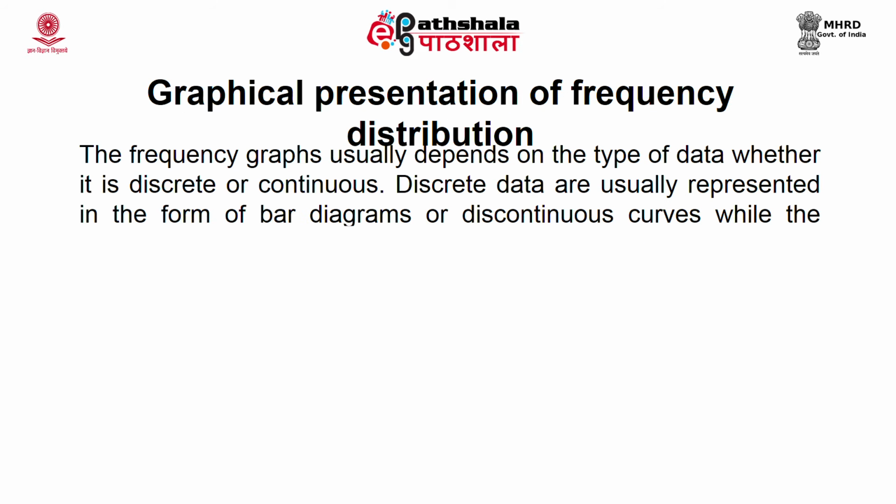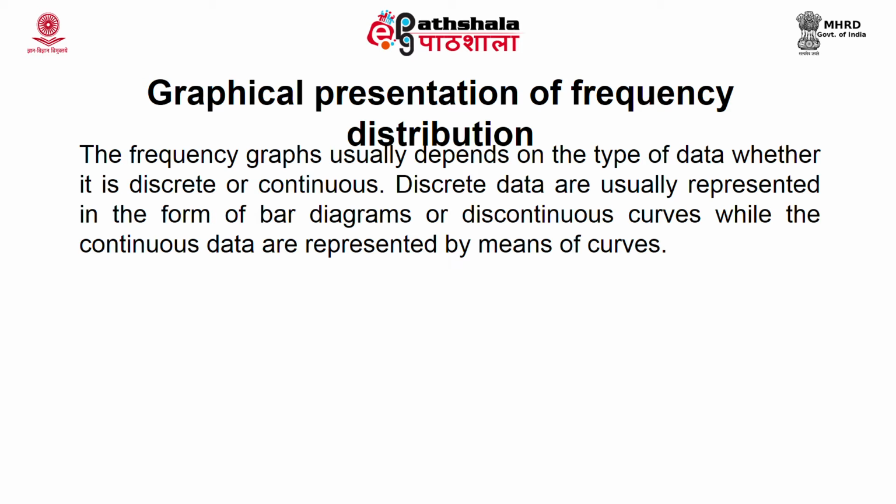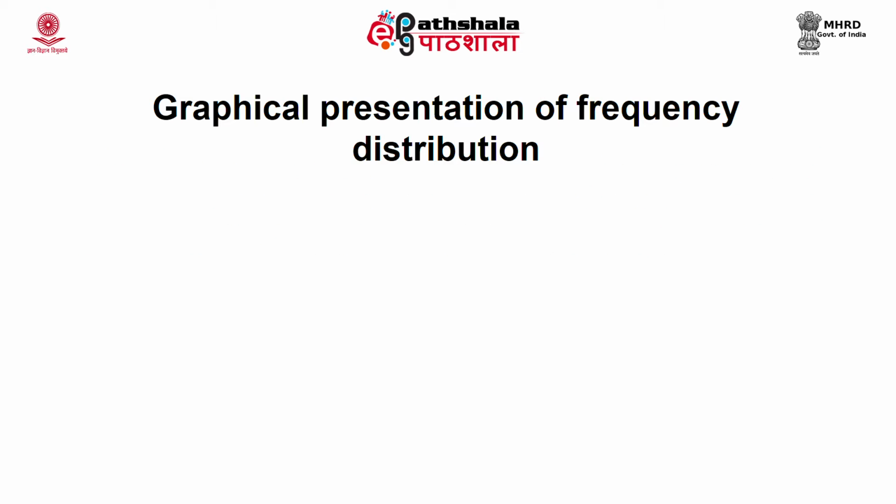The frequency graphs usually depend on the type of data, whether it is discrete or continuous. Discrete data are usually represented in the form of bar diagrams or discontinuous curves, while continuous data are represented by means of curves.